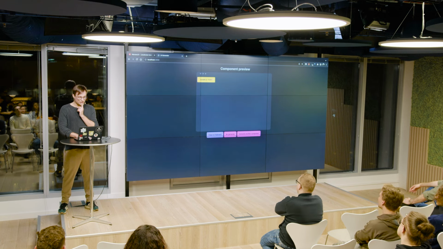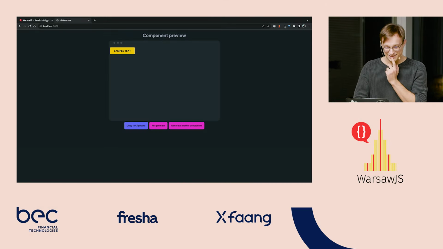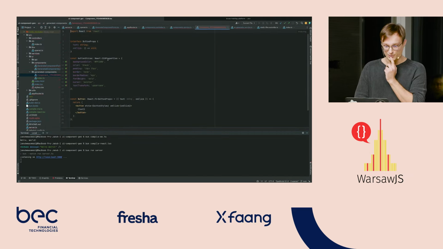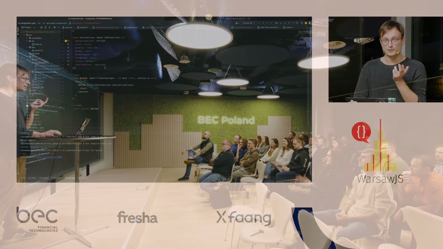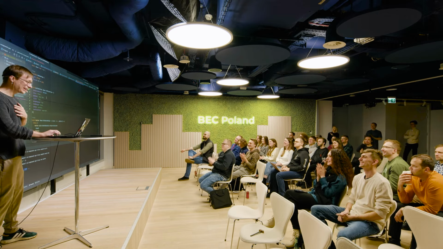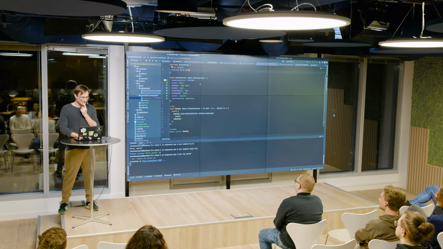Okay, and we have a button, and it's pretty similar. Yeah, so my component was saved here in generated components as a React component, so I can. So yeah, it saves a lot of time. So I think that's cool.